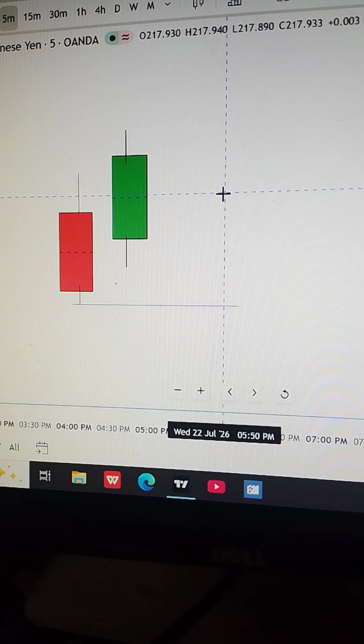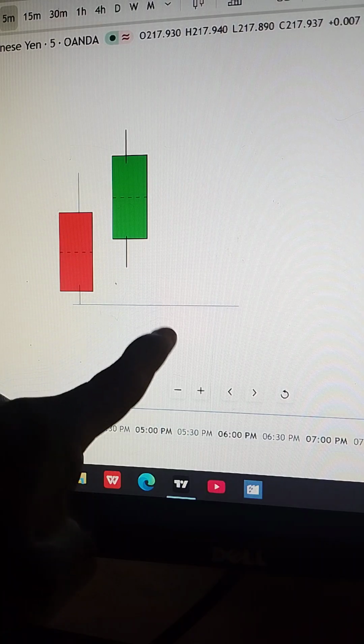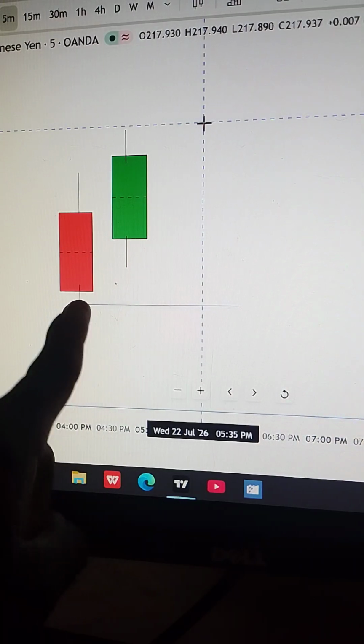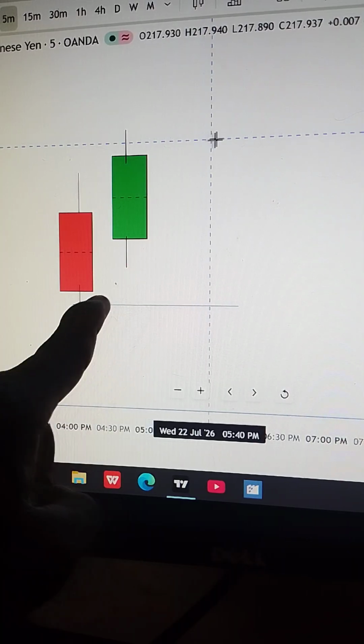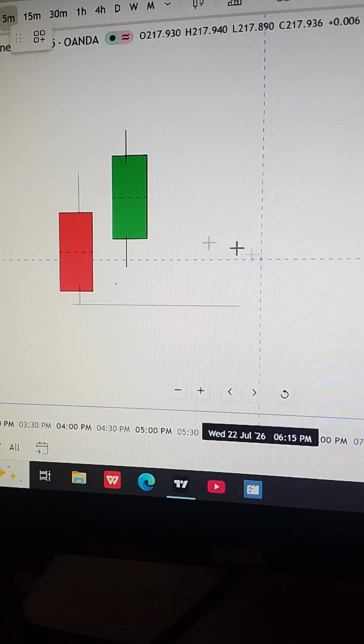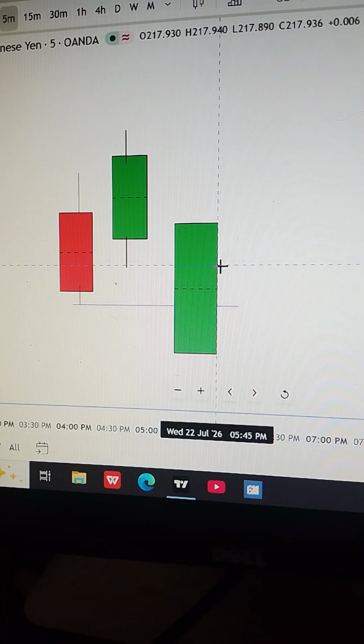When you want to add more positions and the market is on a bearish move, you wait for a candlestick to close below this wick. So we have another bearish candlestick.